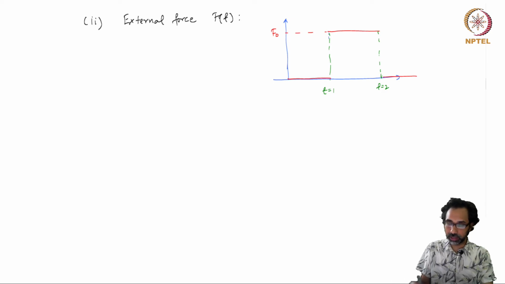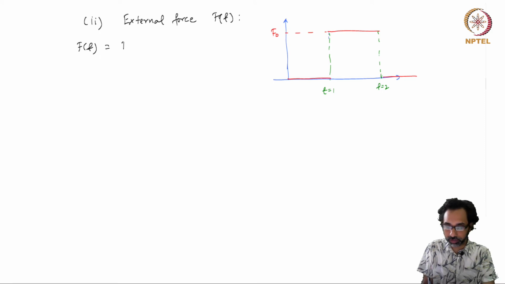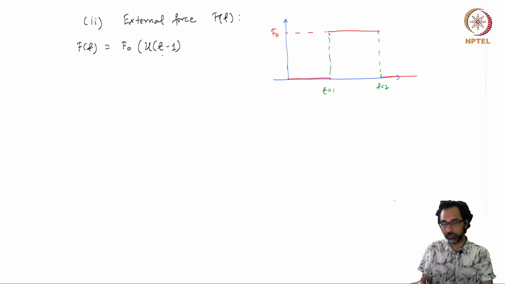So in this case one can write the external force as a difference of Heaviside step functions. So we can write this as f naught times the unit Heaviside step function with variable t minus 1 minus the Heaviside step function with t minus 2.